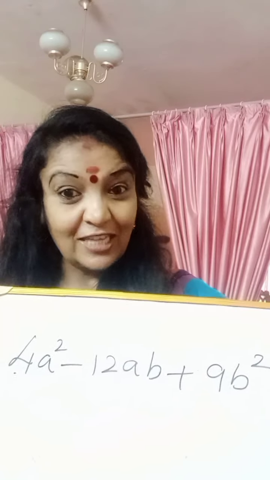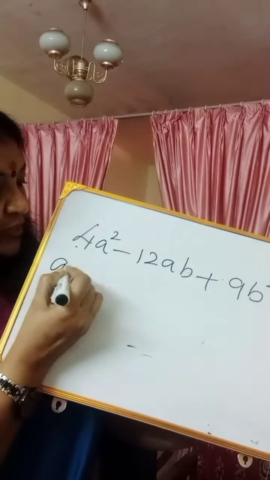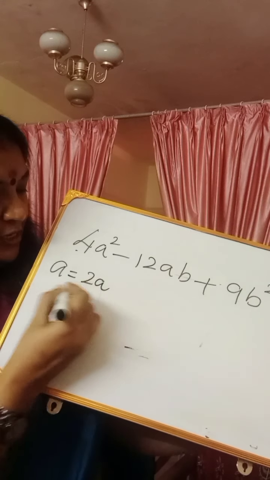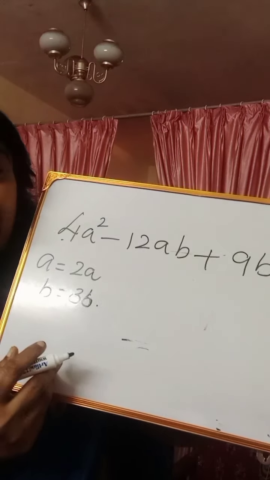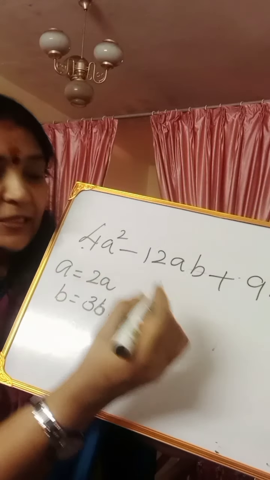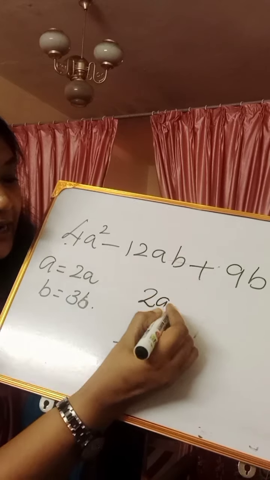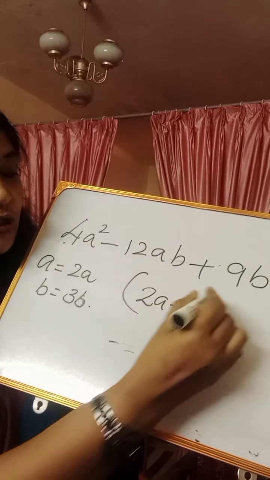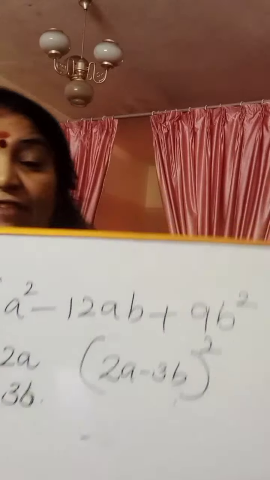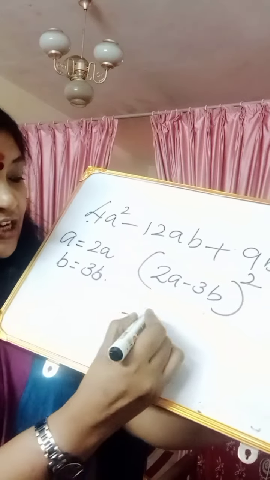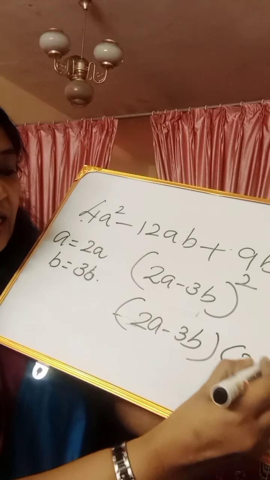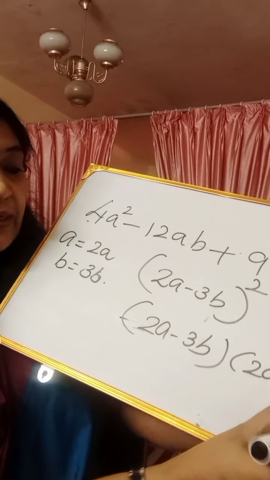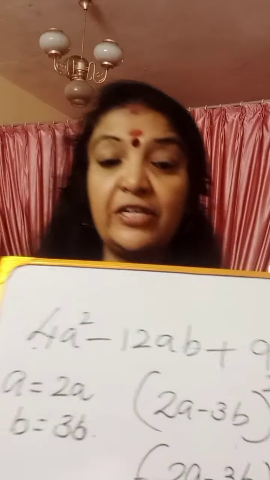Yes, this is nothing but (a minus b) whole square. So a is equal to 2a and b is equal to 3b. So what is the identity? You have to write the minus. That is (2a minus 3b) whole square is the factorization, or you can write (2a minus 3b) into (2a minus 3b).